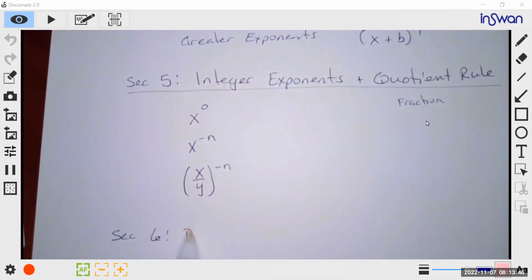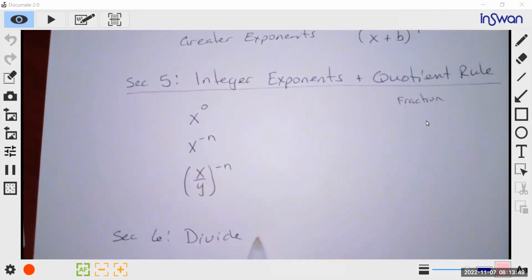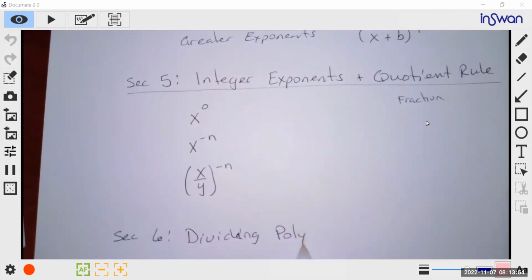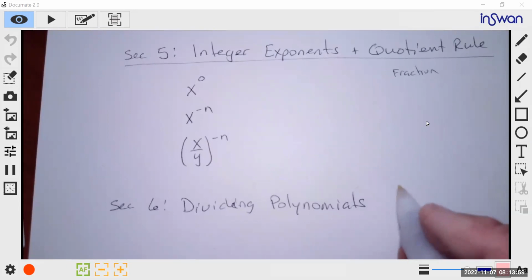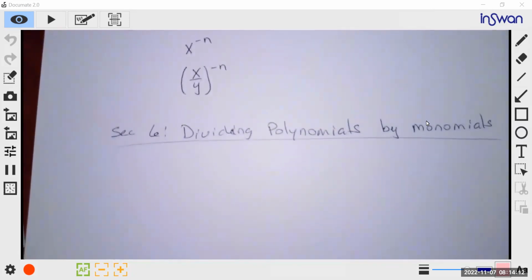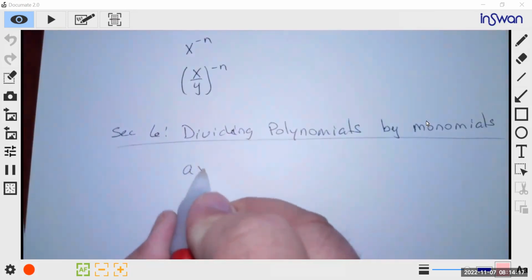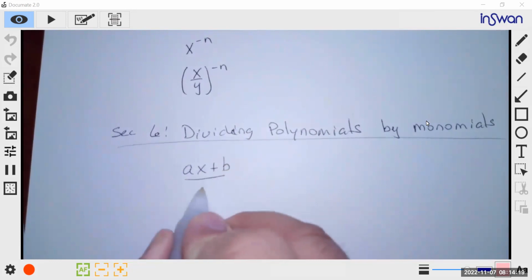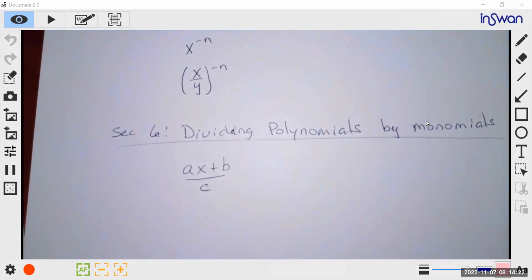Section 6 deals with dividing polynomials by monomials. In other words, if you have a polynomial and it's divided by a single term, what happens there?